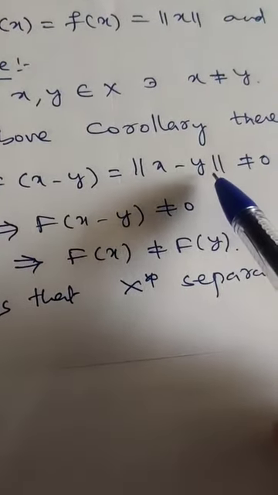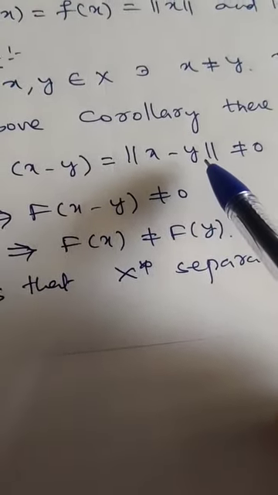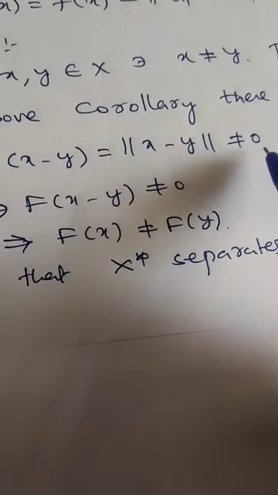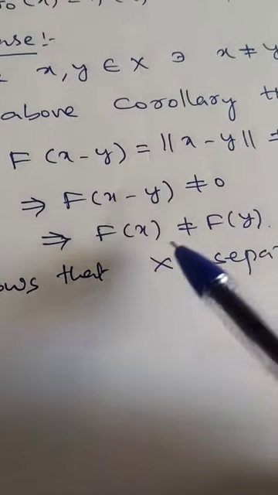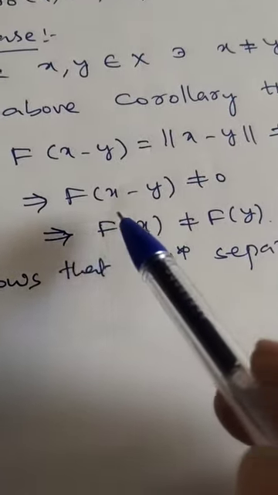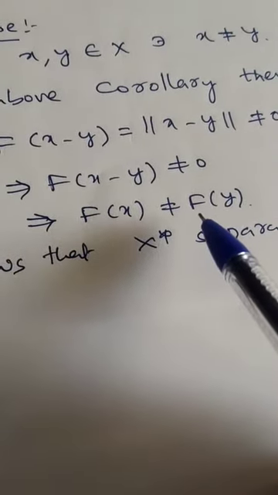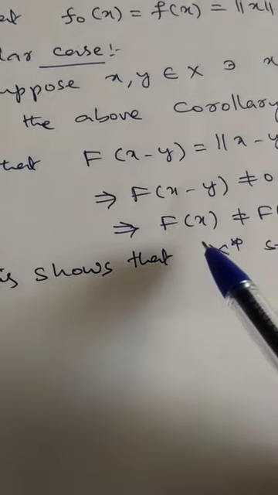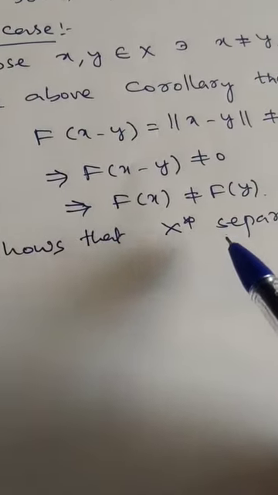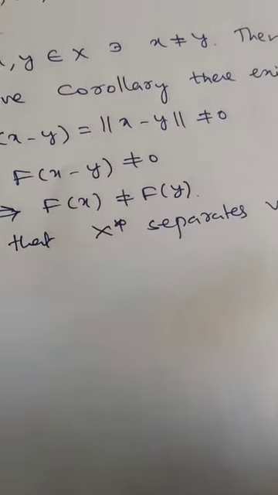Since x is not equal to y, x minus y cannot be 0, therefore the norm of a non-zero quantity is also non-zero. So this implies f of x minus f of y is non-zero. Since f is linear, as we have already shown, f of x is not equal to f of y, which means this f separates the points of X.